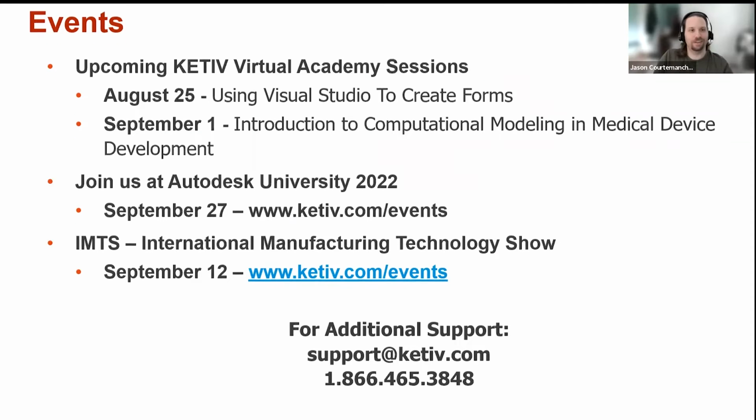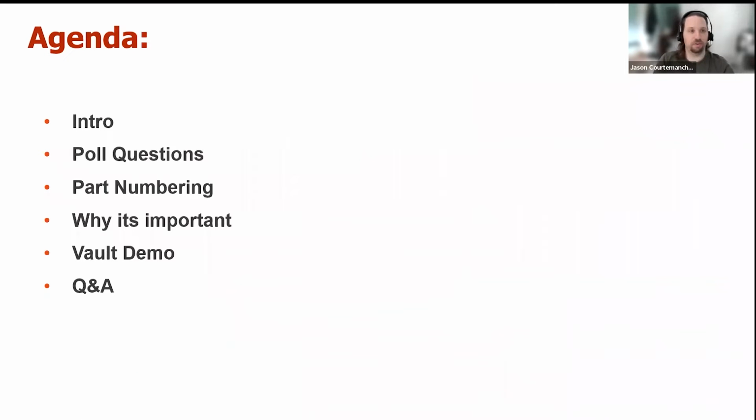Great, thank you. So at a high level, we're going to go over some questions to get an idea of where people are at with part numbering. We're going to get into why it's important and what things to consider when choosing. We'll get into how we implement some of these strategies in Vault and some of the things to think about as we're configuring in Vault, and then especially thinking long term, as we'll see later.